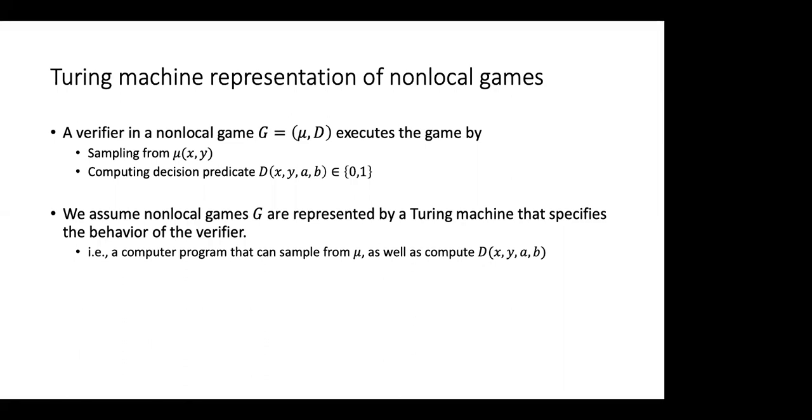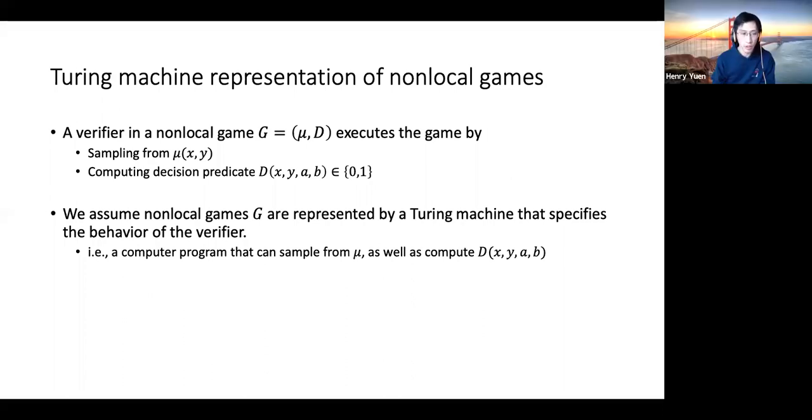Oh, by the way, we have a question from Josh Frisch. Is the number of questions and answers required to be super polynomial in the length of the Turing machine code? Good question.